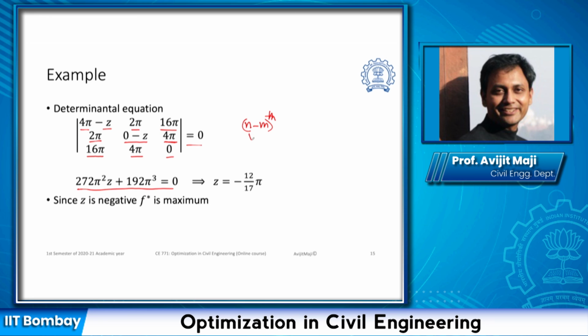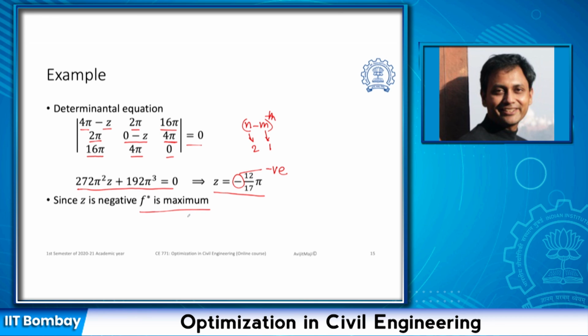In this case, n is equal to 2, m is equal to 1, so this is of the first order polynomial, which is this equation, and if we solve z, we obtain this value where this is negative, indicating that my function value is going to be the maximum. So this is how we apply the Lagrange multiplier to solve multivariable optimization problems with equality constraints.